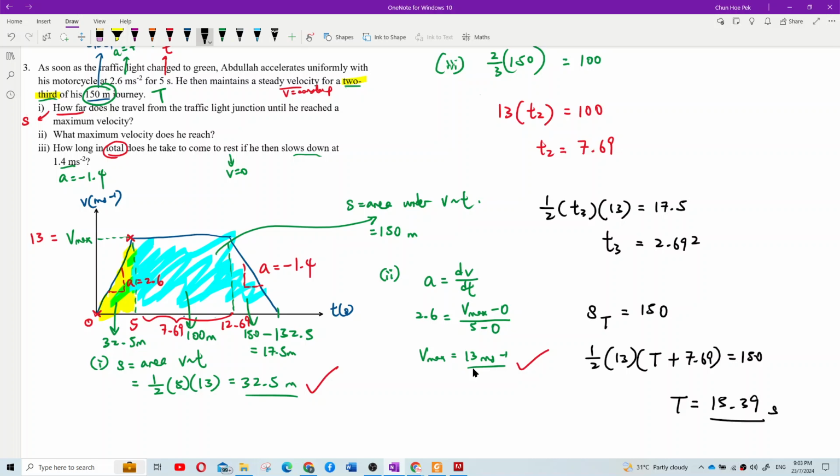Okay, again, 150 multiply 2 divided by 13 minus 7.69, I get 13.39.